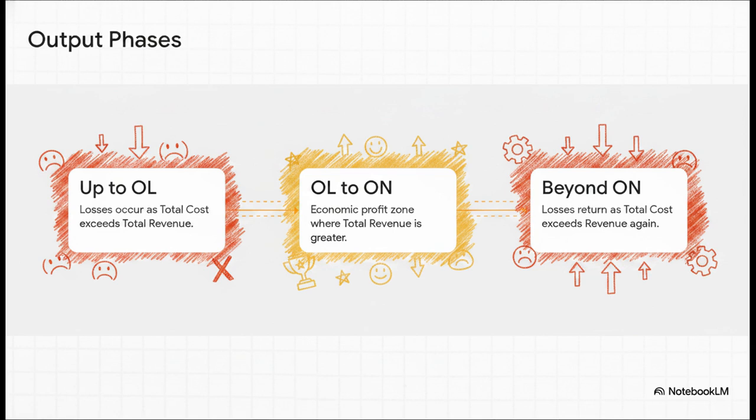But if you keep producing, we enter this golden era between output OL and ON. The blue revenue line finally overtakes the cost line. Now, TR is greater than TC, meaning the firm is finally making an economic profit. However, if we get a little too greedy and produce beyond output ON, diminishing returns kick in hard. Costs spiral, the orange line crosses back on top, and we're right back into a loss zone where TC is once again greater than TR.